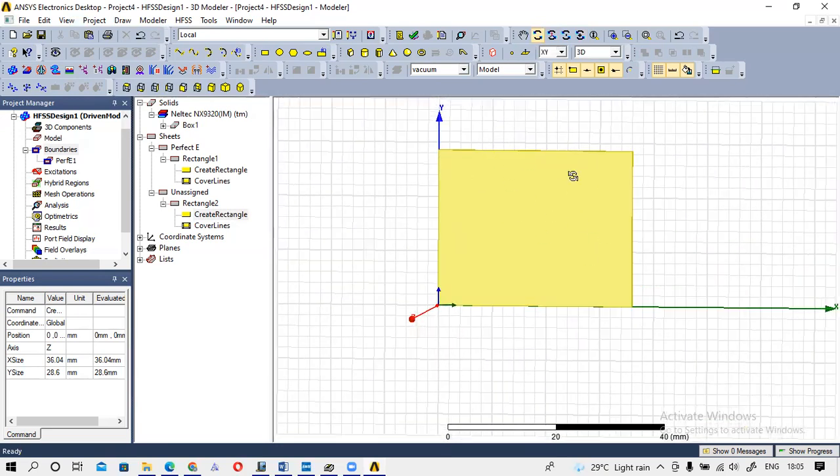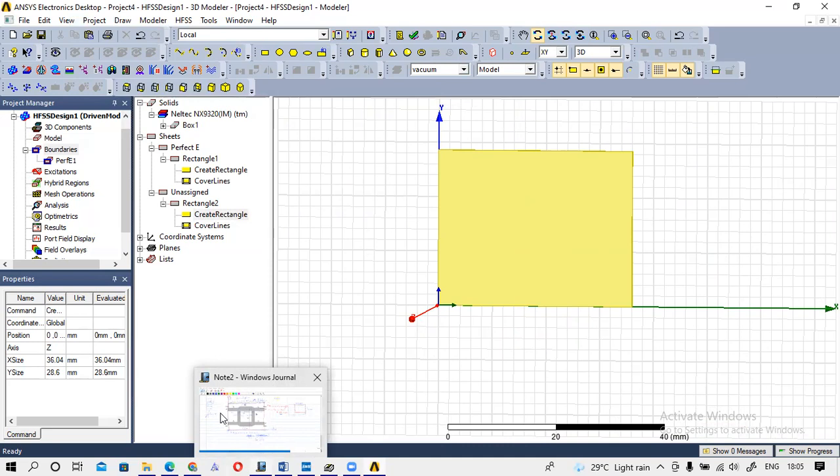So now our substrate is okay. We have a substrate in the required dimension.